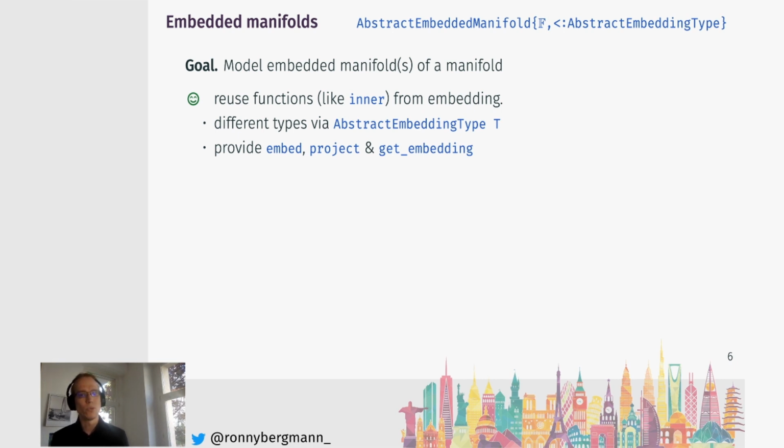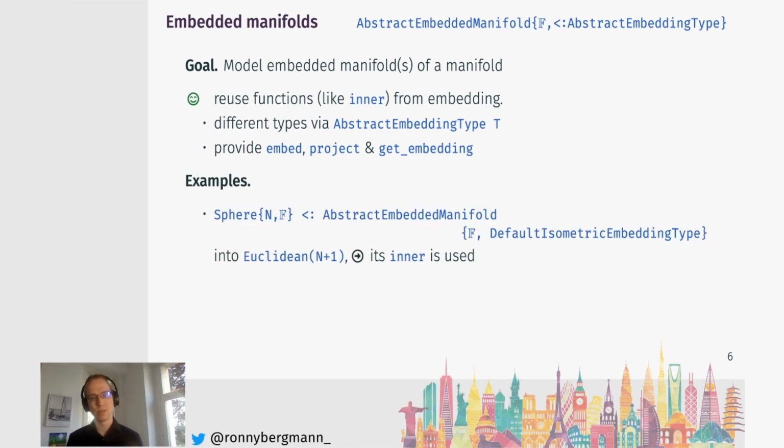So then we want to maybe reuse the inner product and switch between those points or representations by calling embed or project, or even look at the manifold we embed into by saying get embedding. And the first example is exactly the sphere, where the default isometric embedding says please use the inner product from the embedding. Then we don't have to implement that for the sphere if we phrase it this way.